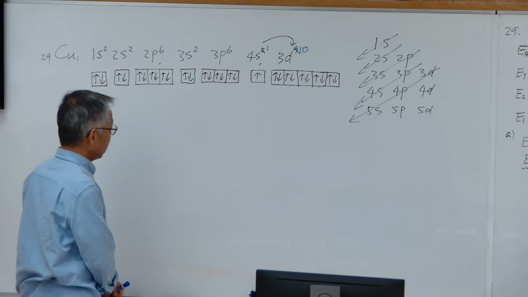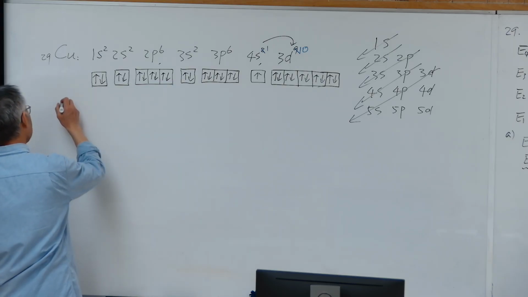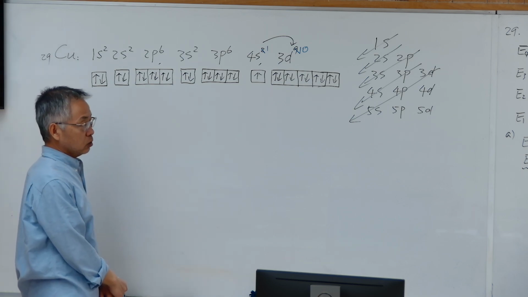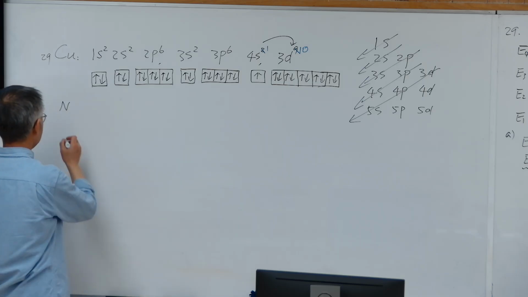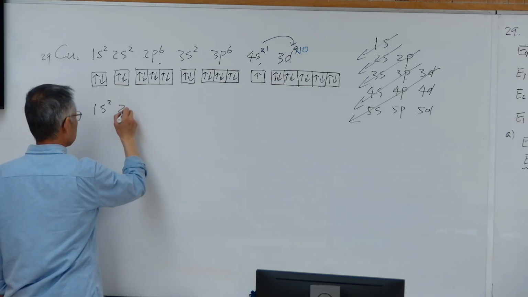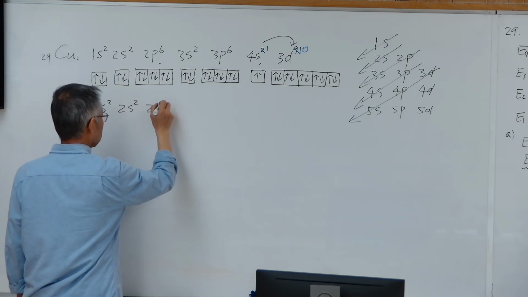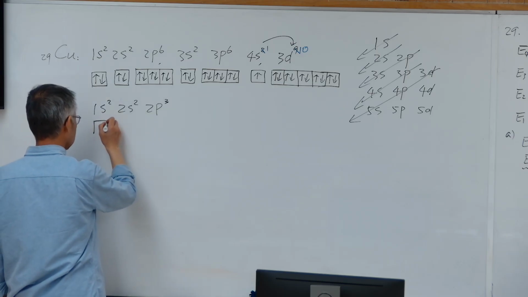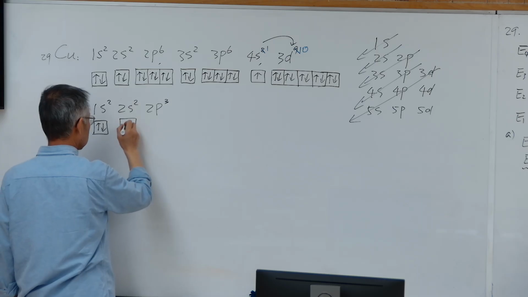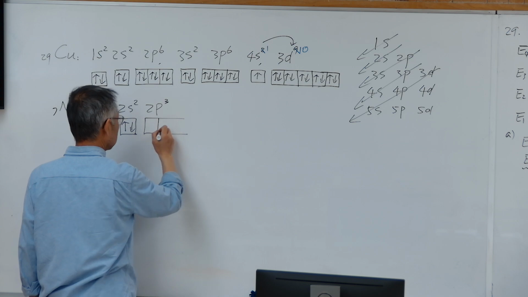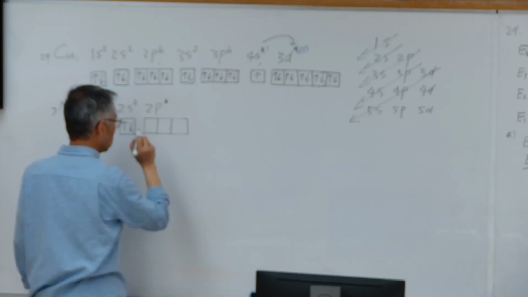Okay, and I would like to show you another one. Let's say nitrogen. How many electrons? From the periodic table, clearly nitrogen has 7 electrons. Then we can write 1s2, 2s2, 2p3. Looks very simple, right? Then 1s, 2 electrons. 2s, 2 electrons. 2p, 3 orbitals, 3 electrons.